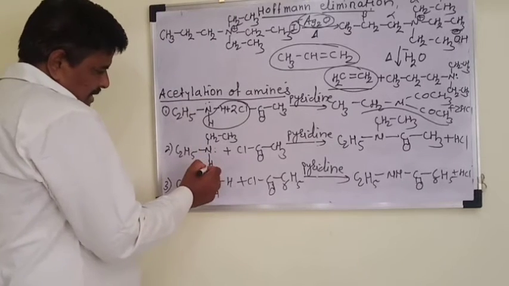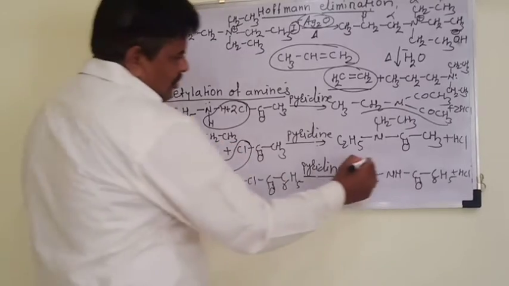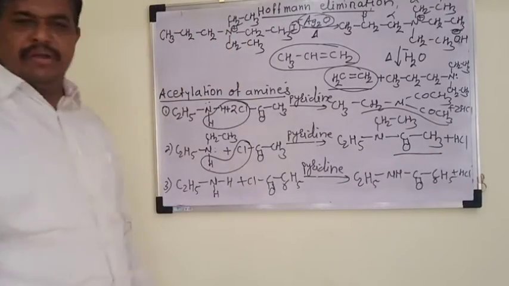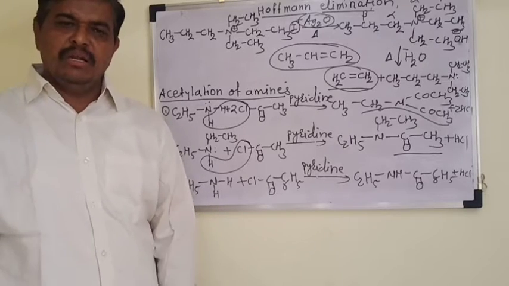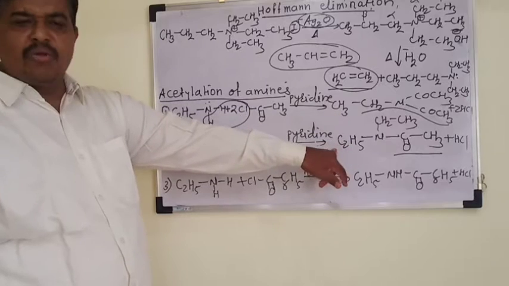If we consider a secondary amine, it reacts with acetyl chloride to form the monoacetyl derivative. So like this, we get diacetyl and monoacetyl derivatives.